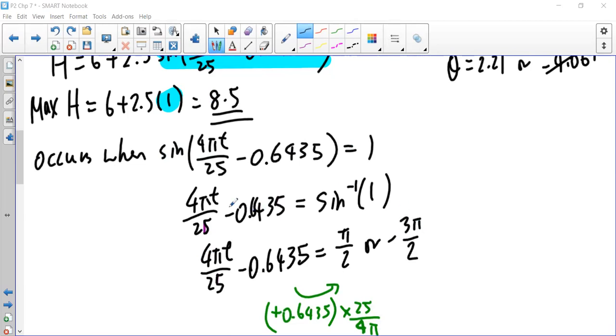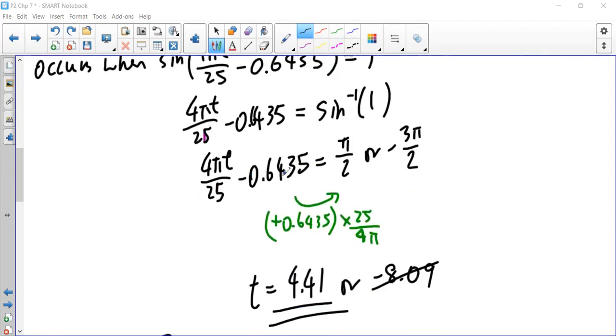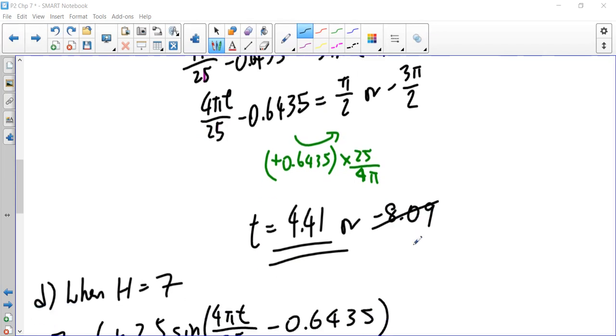I do negative because of the negative here, so I'm thinking there might be a negative answer, but it turns out my worry is a bit extra. You add 0.6435, times by 25, divide by 4 pi, it's like making t the subject. You find 4.41 or negative 8.09. That's not required because t cannot be negative.